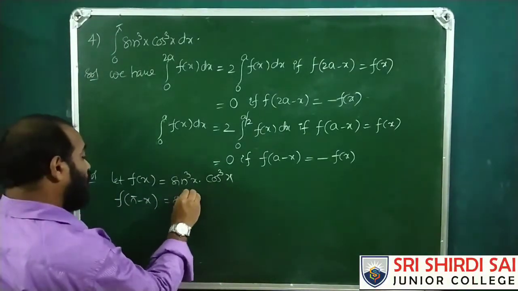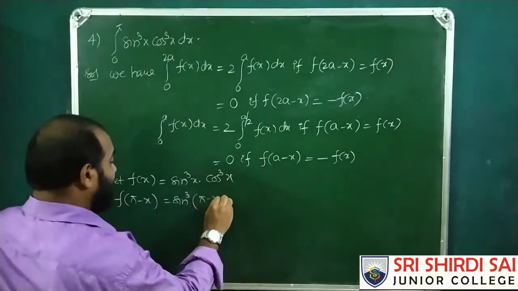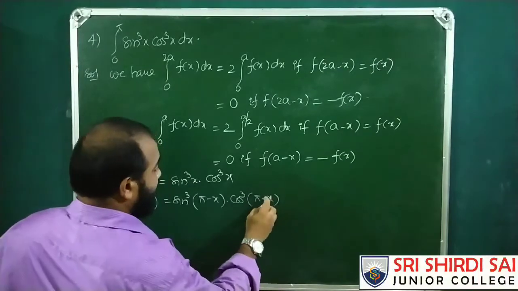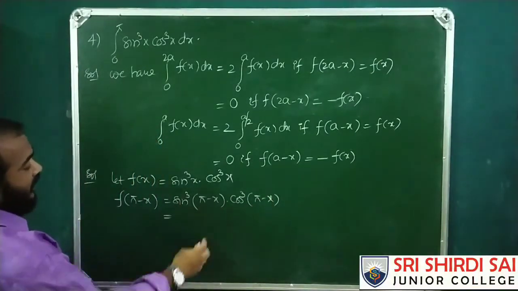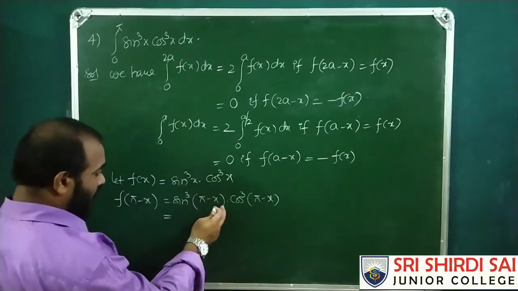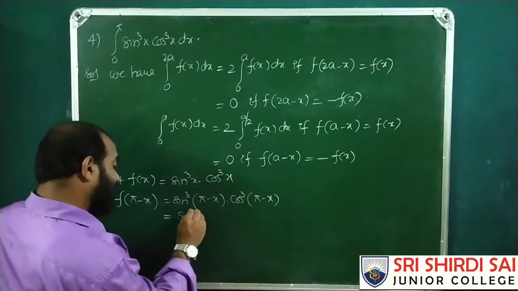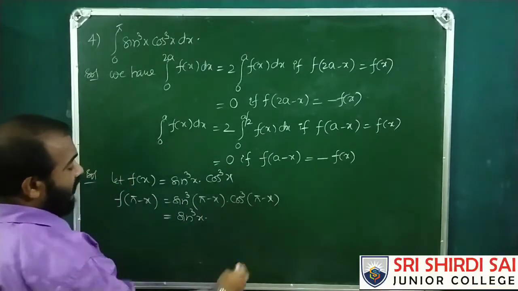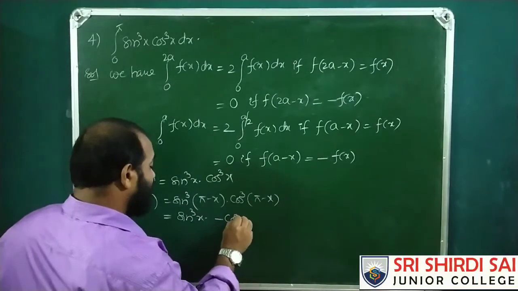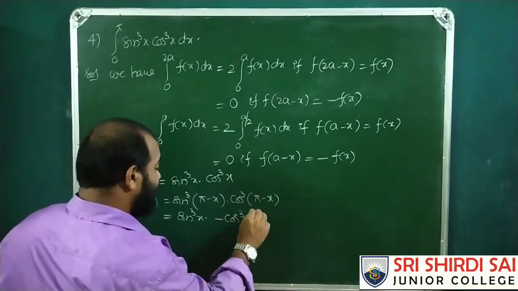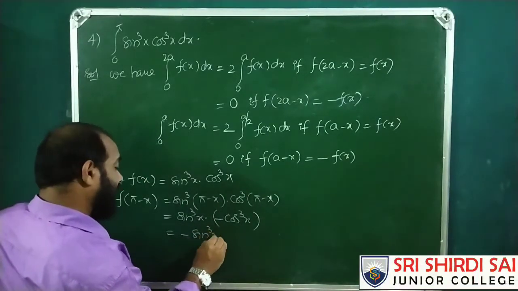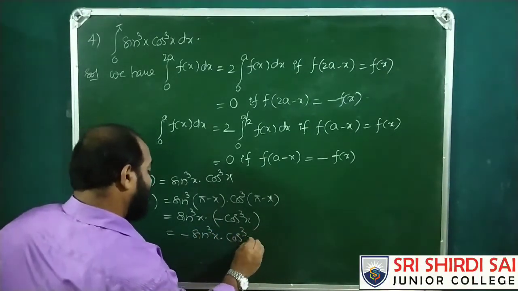So sin cube of pi minus x, cos cube of pi minus x. What is sin 180 minus x? Second quadrant, sin 180 minus x is sin x only, whole cube, sin cube x, into what is cos 180 minus x? Minus cos x, whole cube, so minus cos x whole cube is minus cos cube x. So this is minus sin cube x into cos cube x.